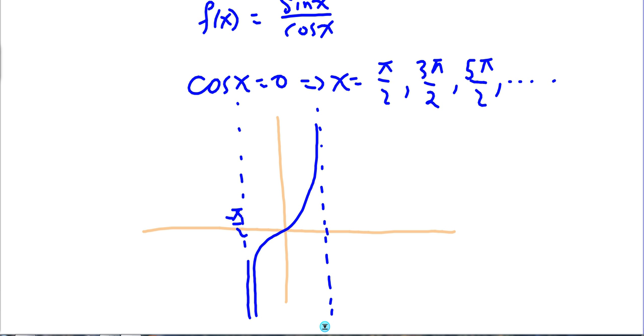This is pi over 2, another vertical asymptote. You can go up to 3 pi over 2. The graph again looks something like that. So there's another vertical asymptote there, and you can continue.